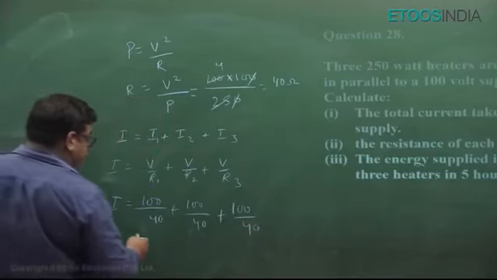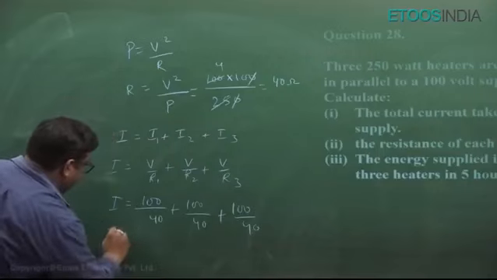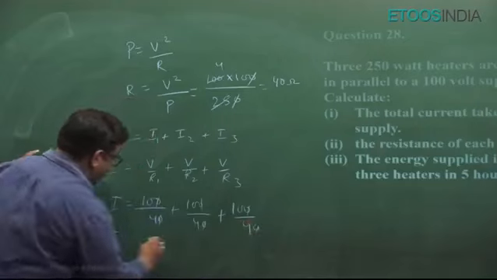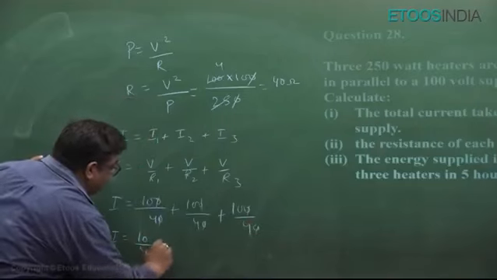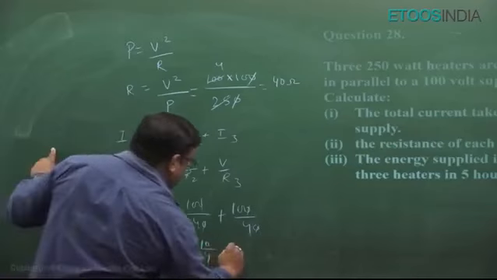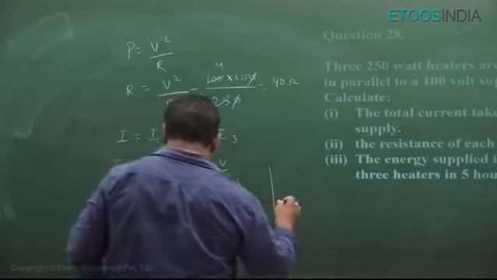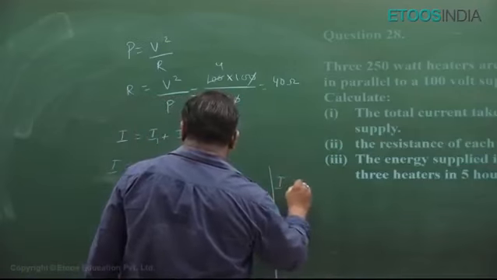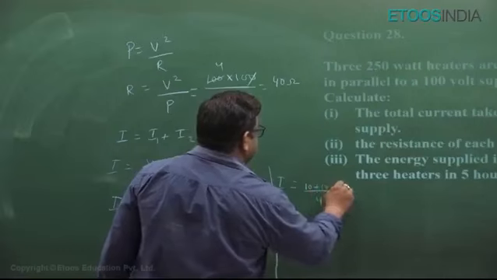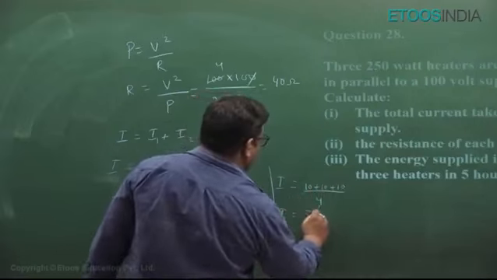Okay, if I cancel it out, I can solve it further in this way. It will be 10 upon 4 plus 10 upon 4 plus 10 upon 4, and the total answer will be I is equal to 10 plus 10 plus 10 upon 4, so I is equal to 30 upon 4.